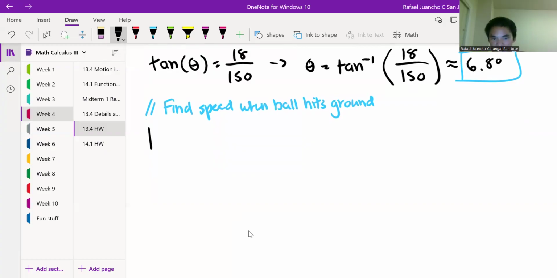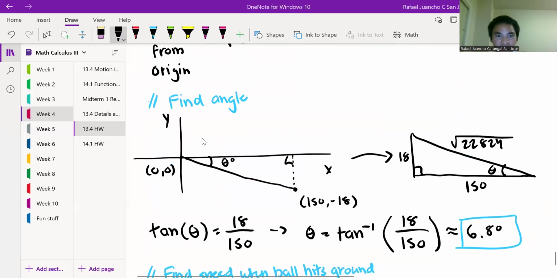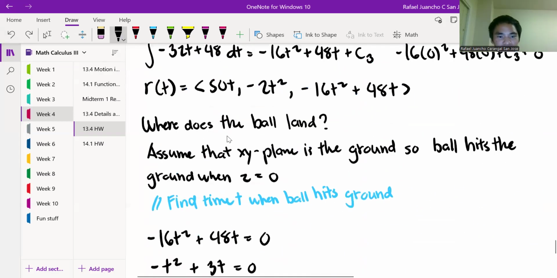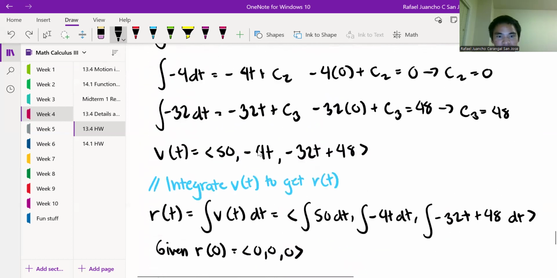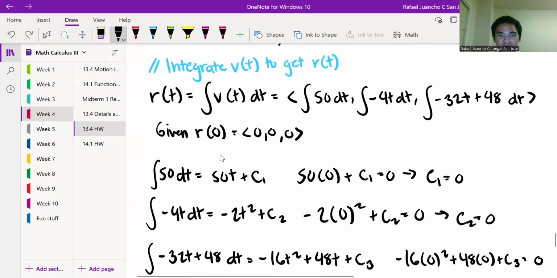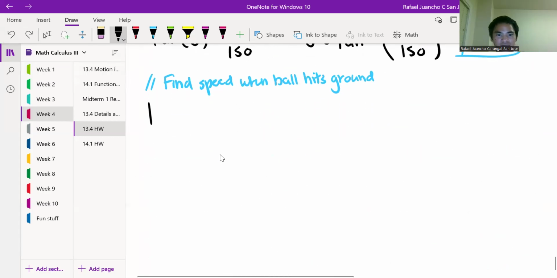We get the absolute value of my velocity vector. Do I still have that? There you are. So we get the absolute value of my velocity vector at 3. Let me just solve for v of 3 real quick.